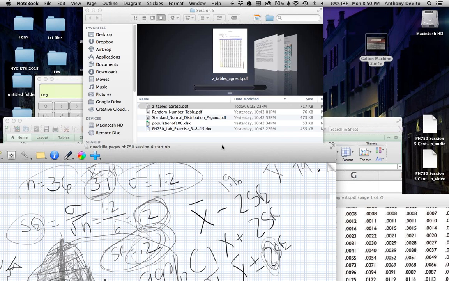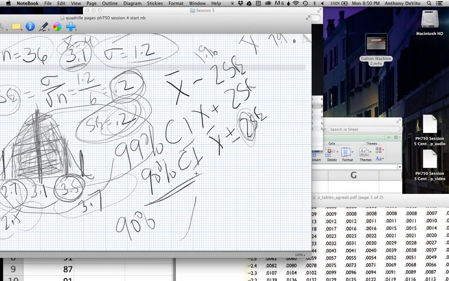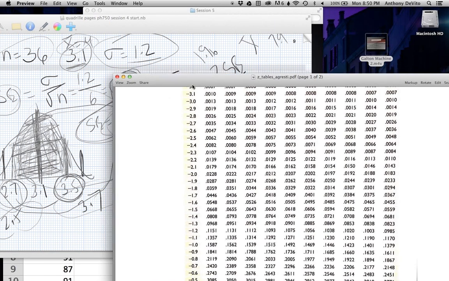So for a 90% confidence interval, I want to use the range that's 5% down here and 5% up here, so that all I'm capturing in the middle is the middle 90%. So what is the z-score for 5%?